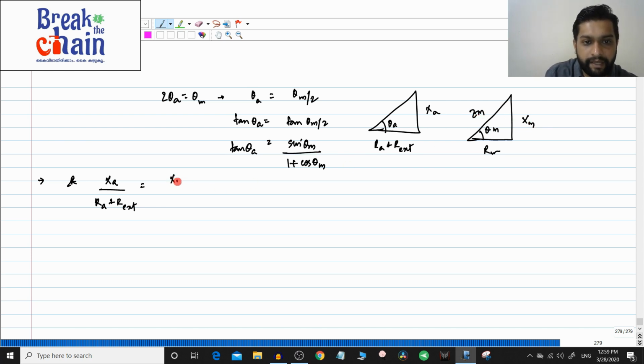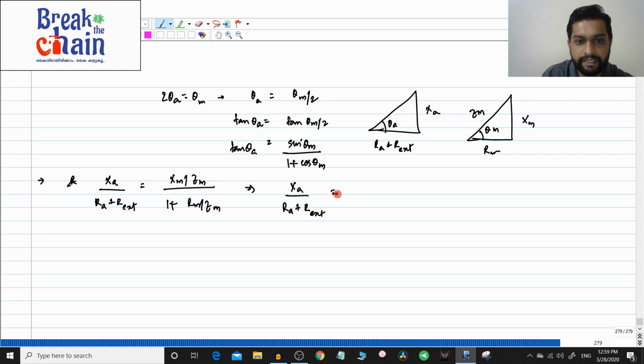So, XM divided by ZM, divided by 1 plus cos theta M, that is RM divided by ZM. So, if I further simplify it, I will get XA divided by RA plus R external is equal to XM divided by ZM plus RM.